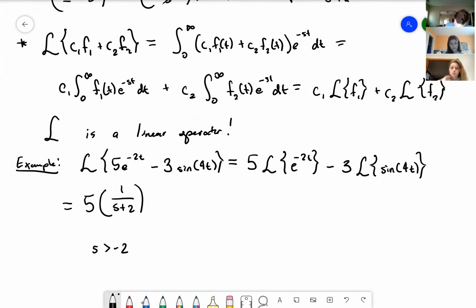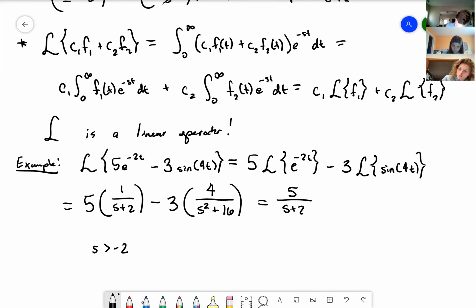And the second part, this is minus 3 times a, which is 4, over s squared plus a squared. So we can just write this as 5 over s plus 2. So this was valid for s greater than 0. So 5 over s plus 2 minus 12 over s squared plus 16.